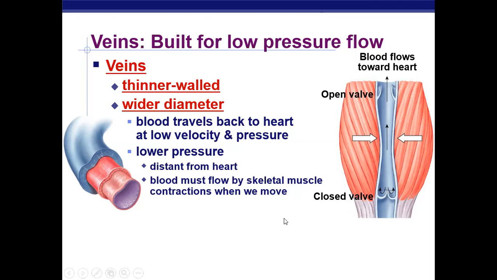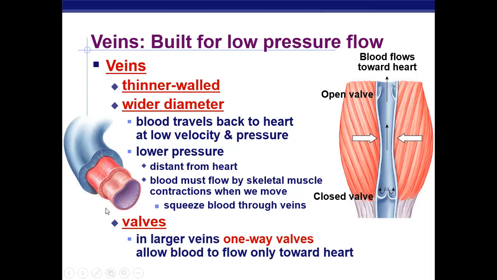So that's helpful for the veins because they have lower pressure. They squeeze blood through the veins. In large veins, you have one-way valves that allow blood flow only toward the heart. So that's what I was talking about with these valves in here, to keep blood from flowing back the other direction.